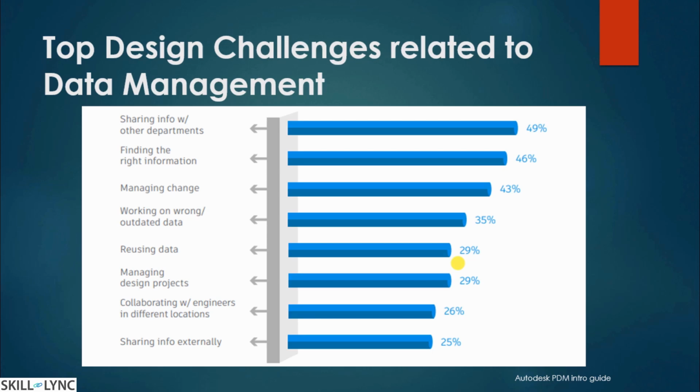And next 35% of the time is spent on working on wrong or outdated data. This is linked with the previous point because if you do a change or an update to the drawing, it has to get automatically reflected in all the related processes that are downstream.